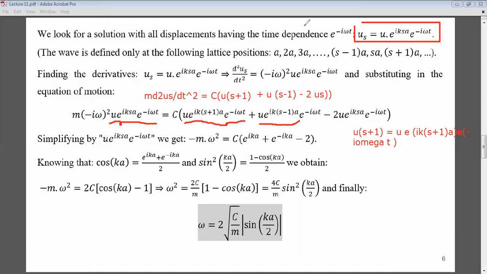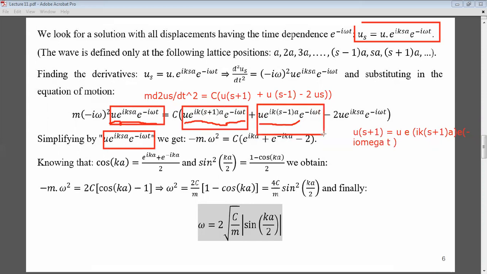Okay, let me erase a few things. So I will divide by this. So I will find it here, and it's also here, but there will be remaining e to the ika here as well. But I will have left e to the minus ika here, okay?